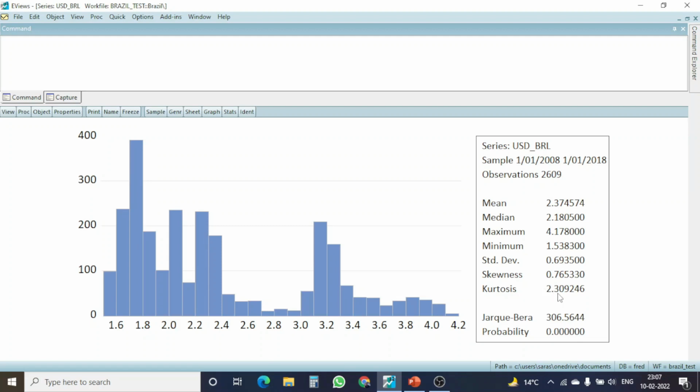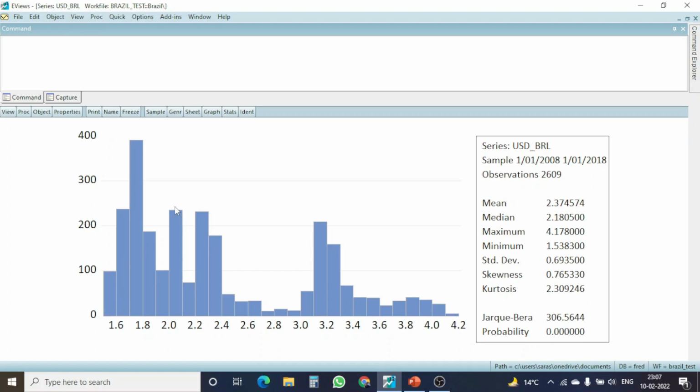Kurtosis is less than 3, which means the distribution is flat and platykurtic, which is not normal. For the Jarque-Bera test, the probability is less than 5%. Again, we have to reject the null hypothesis that the series is normally distributed. So this series is not normally distributed.